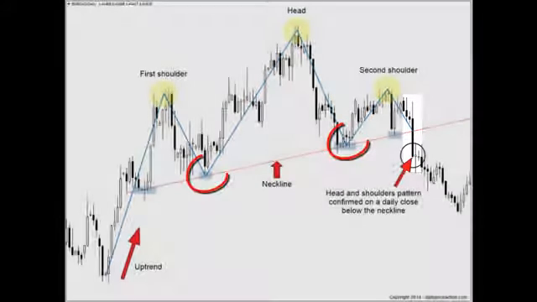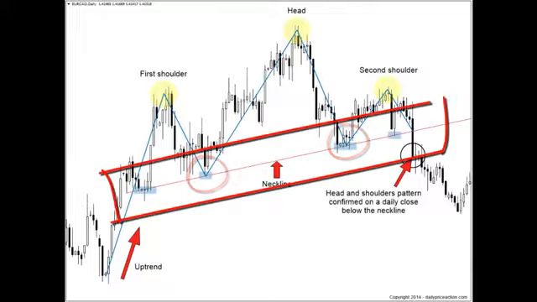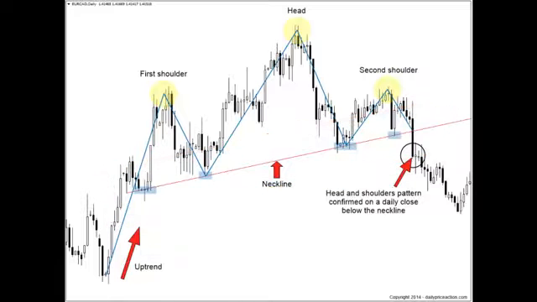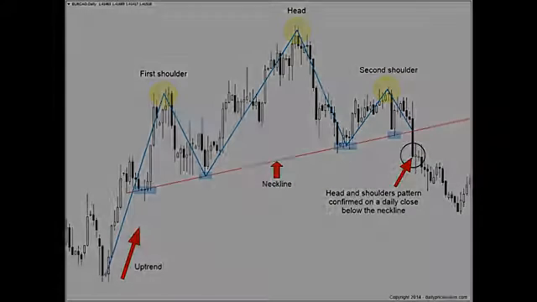Finally, a neckline is drawn by connecting the lowest points of the two troughs, representing a level of support which, once broken through by price, completes the head and shoulders formation.